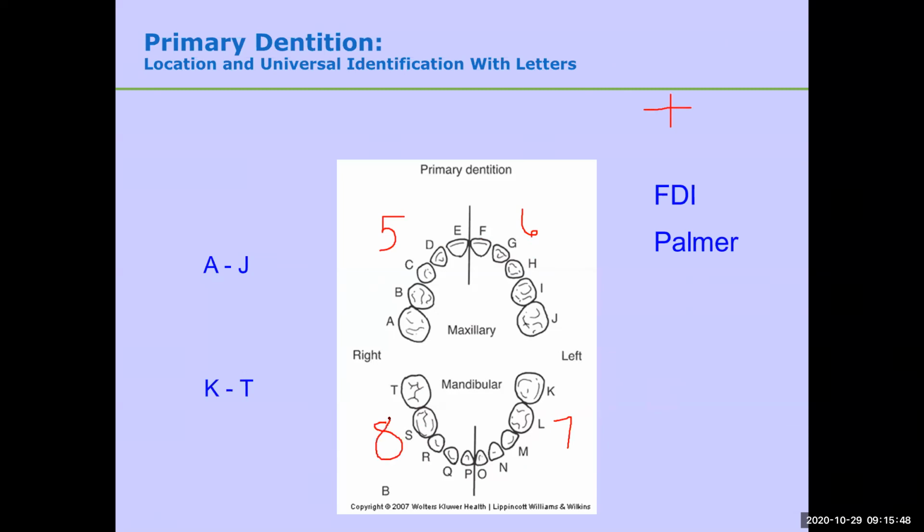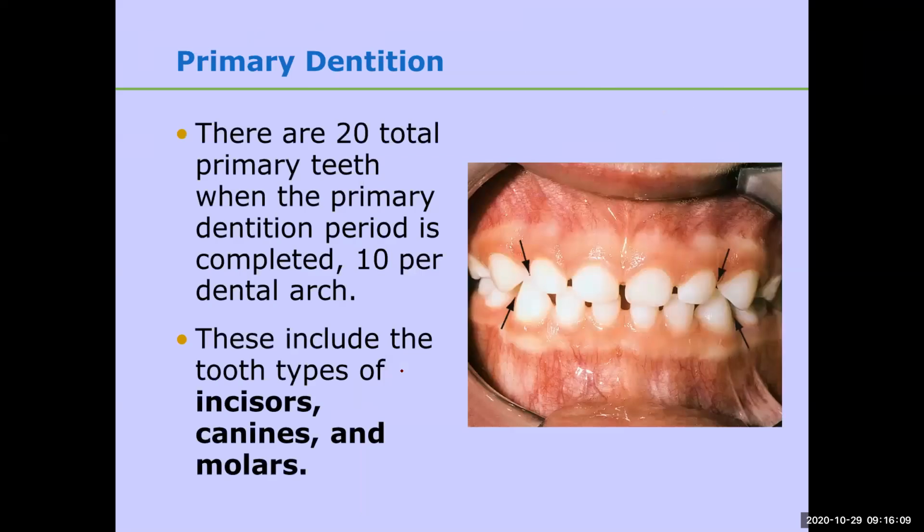And the nice thing is when we get into the deciduous teeth, you don't have a tooth number 51. So it's easy to know that you're talking about what quadrant and that it's deciduous. Now the Palmer is going to be a little bit different. We're going to get into that. All right. So just know you're going to need to convert.